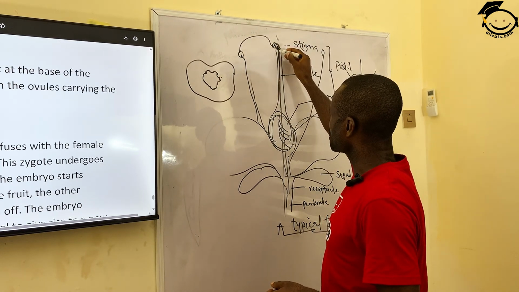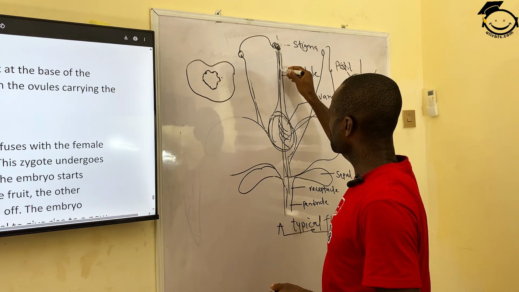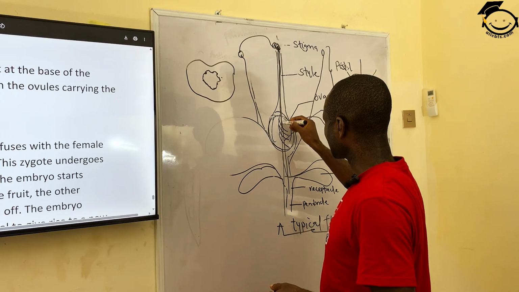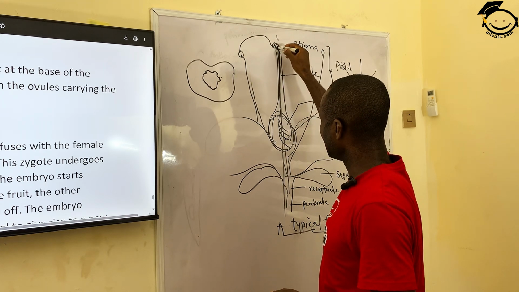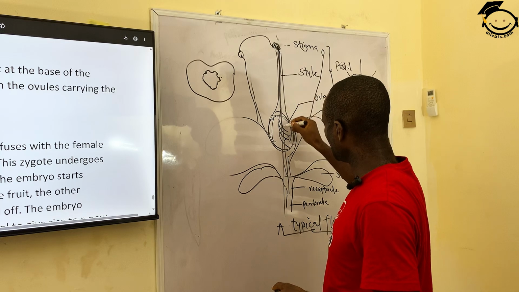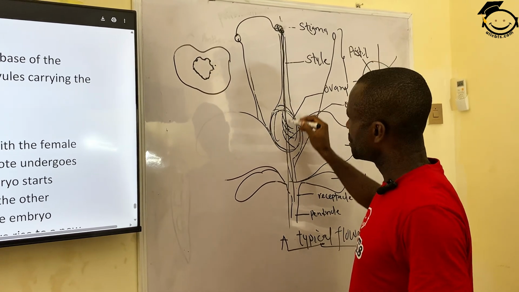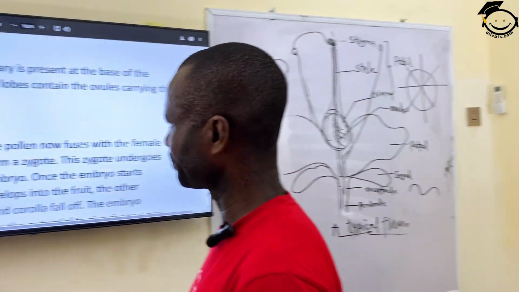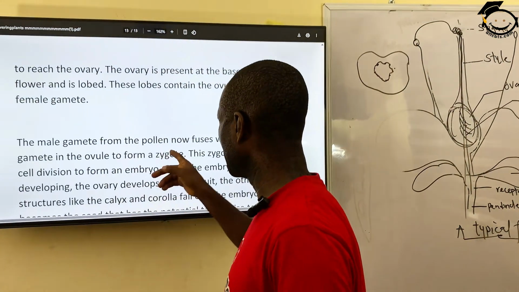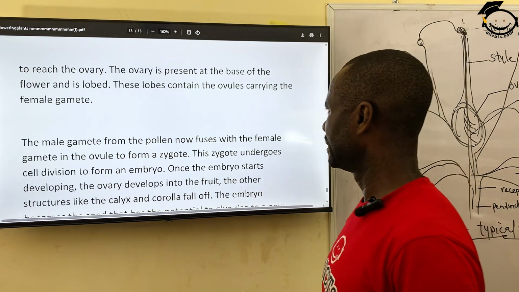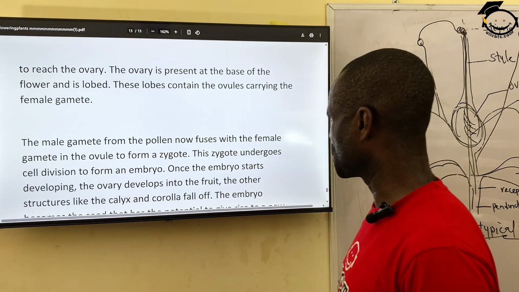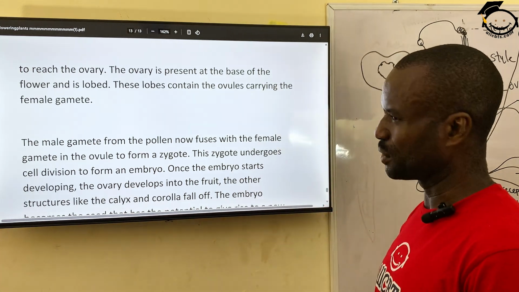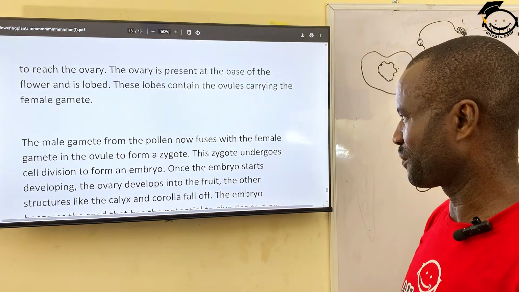A tube will occur here, transferring the male gamete in the pollen grain into the ovule, thereby carrying out what we call fertilization. The male gamete from the pollen now fuses with the female gamete in the ovule to form a zygote.